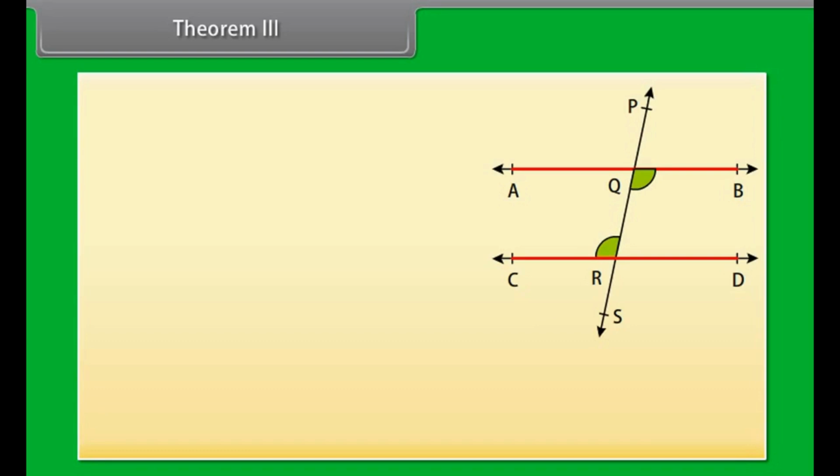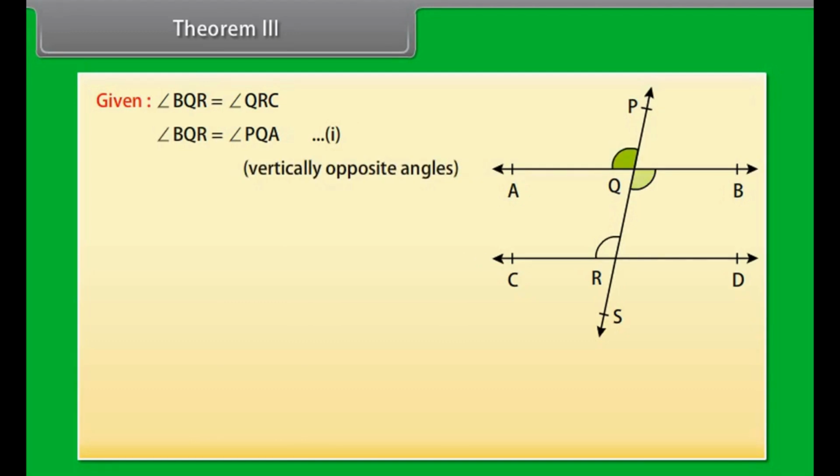Now, using the converse of the corresponding angles axiom, we can show the two lines are parallel if a pair of alternate interior angles is equal. Come, let us check. Here the transversal PS intersects line AB and CD at points Q and R respectively, such that angle BQR is equal to angle QRC. Also, angle BQR is equal to angle PQA, because these are vertically opposite angles. Mark it as 1. But angle BQR is equal to angle QRC, given.